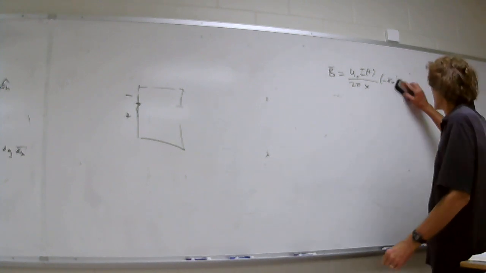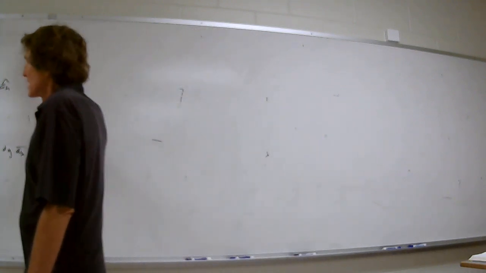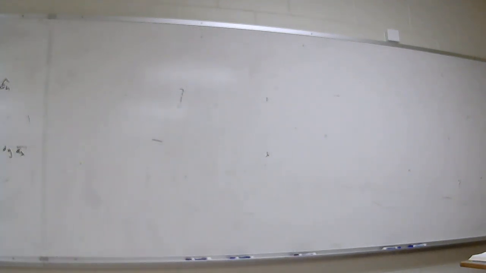Now the next thing is we're going to get something moving. What I just showed you is really transformer action. The next thing you're going to see has to do with motional EMF. This is a kind of interesting problem. There's a lot of things that happen in the real world where these kinds of effects dominate.